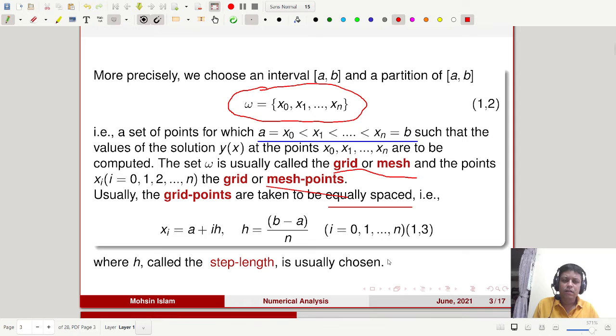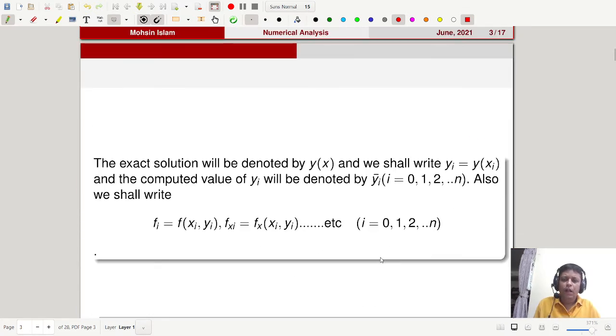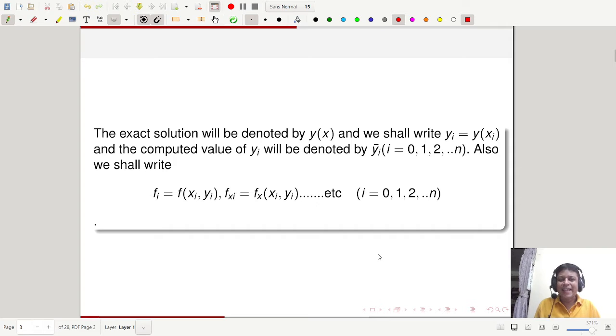Just like in the integration process, we have a special advantage in taking this partition, where h, called the step length, is usually chosen. You have to choose that. Now, the exact solution will be denoted by y(x), and we shall write yi = y(xi).